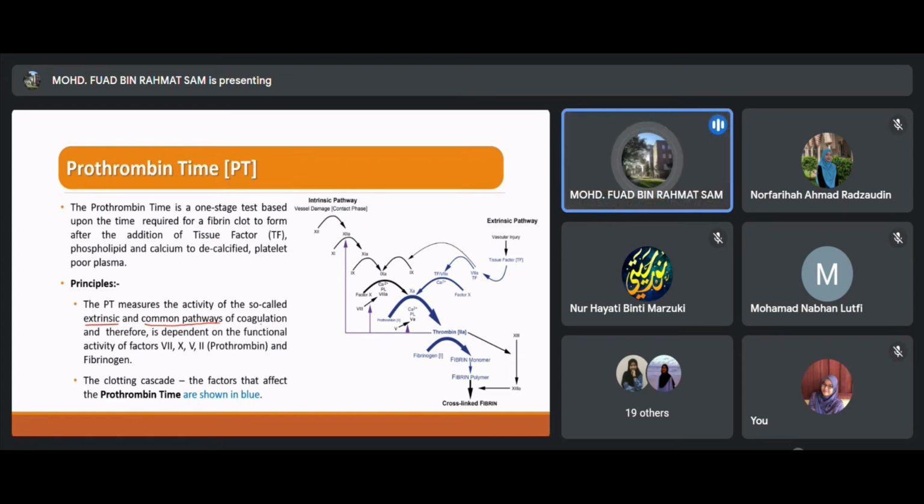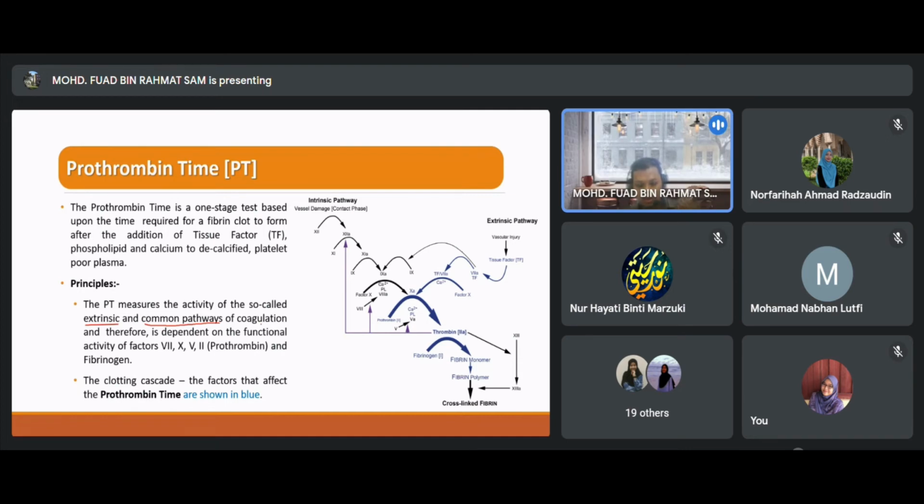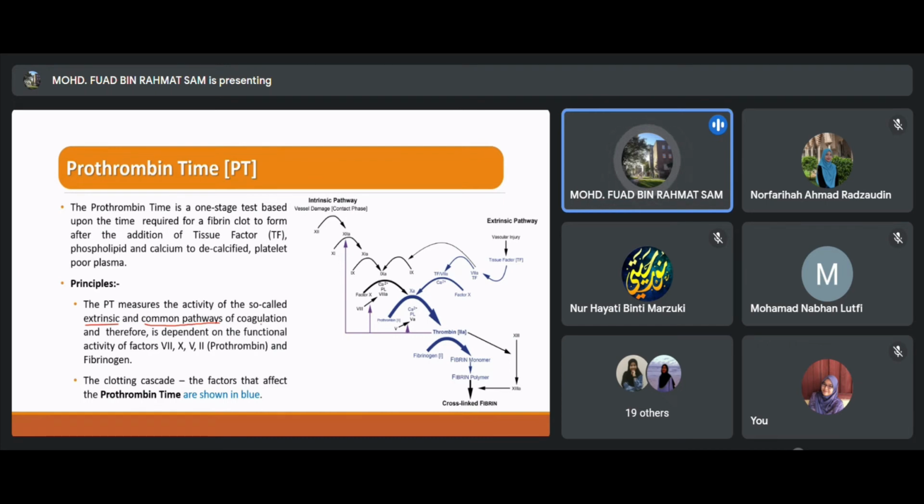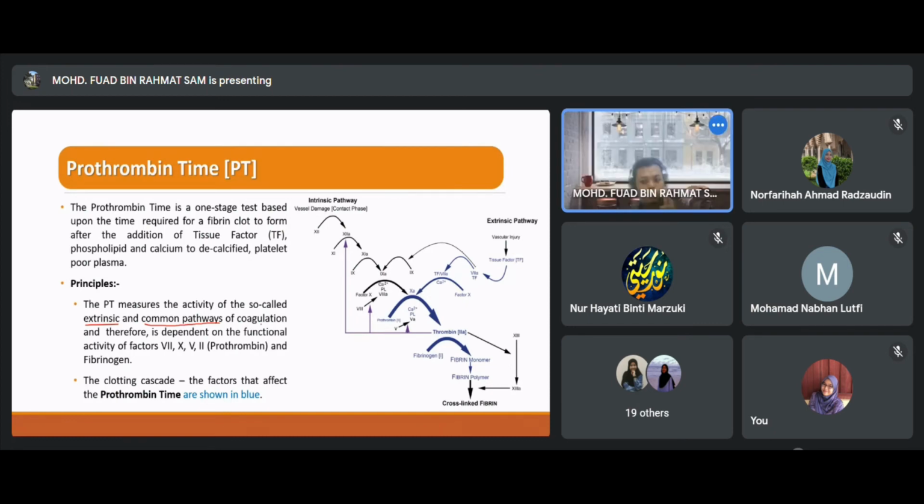Okay, so just ingat balik semula, the pathway, the coagulation pathway, but for prothrombin time is specifically measure untuk dua pathway, which is the extrinsic and the common pathway. So recall balik, in the extrinsic coagulation cascade, it involves two main factors, which is number 3 and also number 7. Okay, so the clotting cascade, the factors that affect in the prothrombin time are shown in blue.